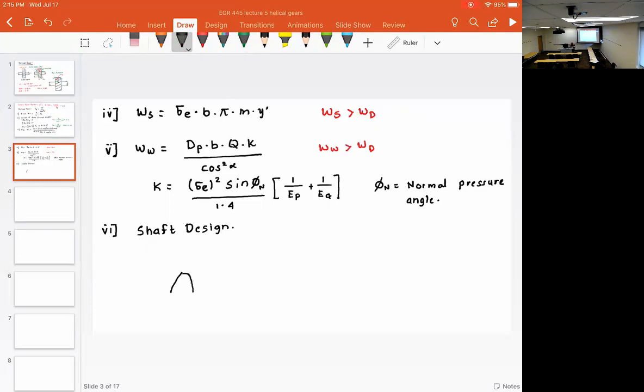Assume that this is a spur gear. So you have this spur gear. On this spur gear, you have a tangential load WT.